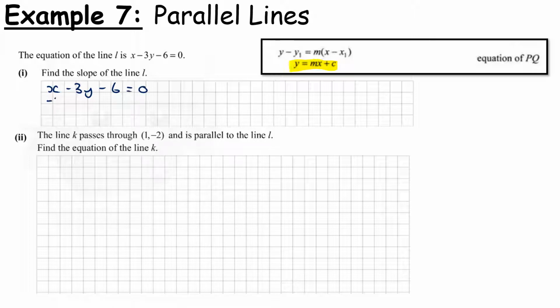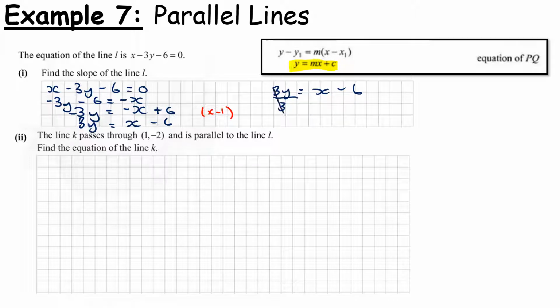We get minus 3y minus 6 equals minus x, and then we're going to add 6 to both sides, minus 3y equals minus x plus 6. I'm going to multiply across by minus 1 to change our signs, and we get 3y equals x minus 6. But I want it as y equals mx plus c.